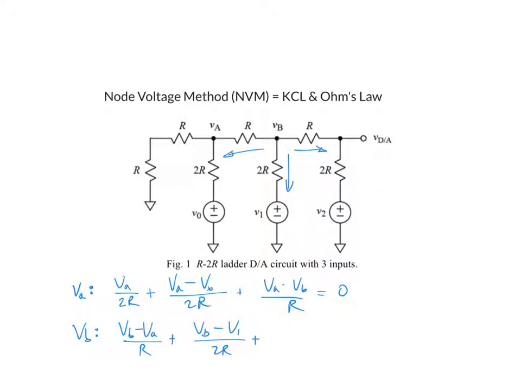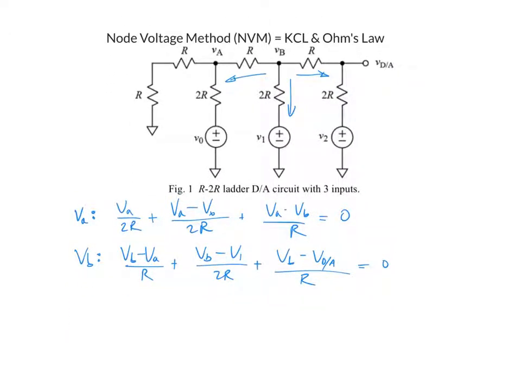Plus the one going to the right, VB minus VDA over R. I just noticed I'm doing all lowercase and those are capital, but you get the idea. Sum of all those currents at that node.